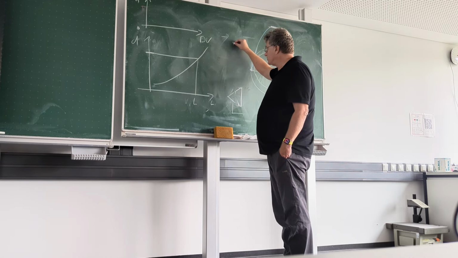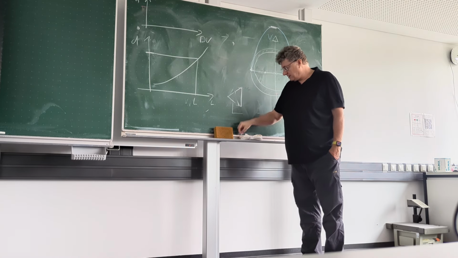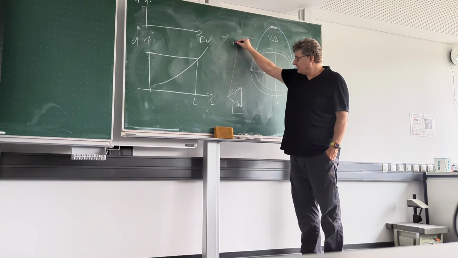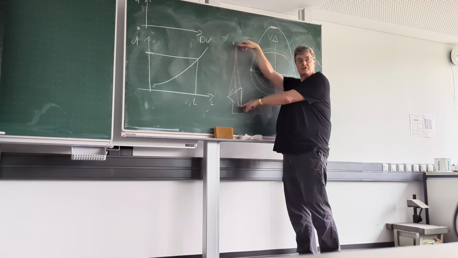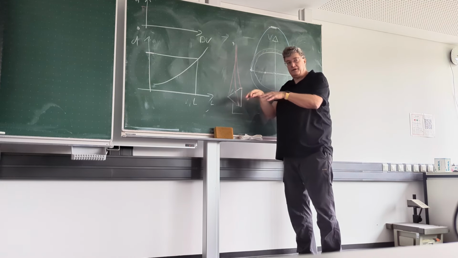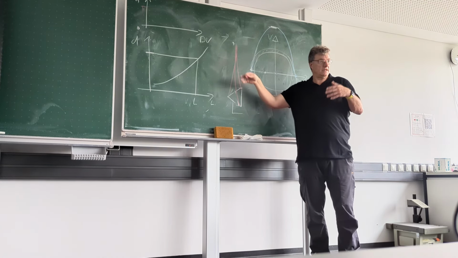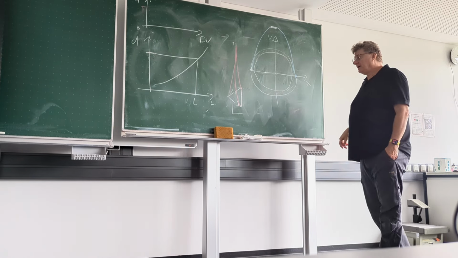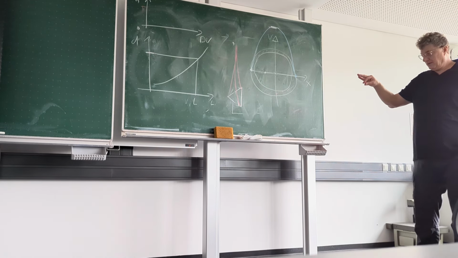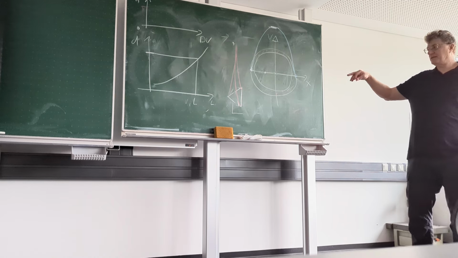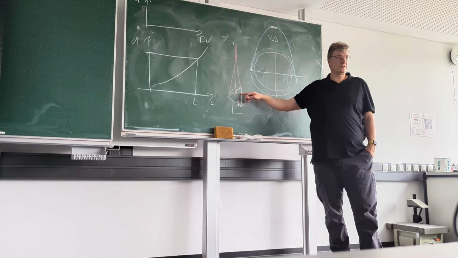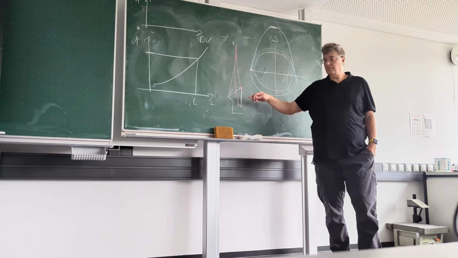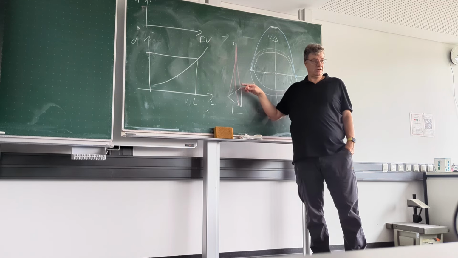If it would be stretched, for example, in that dimension, so it would look like this. So then we have three very long edges and three very, well, compared to that, small edges. I don't want to explain all the details, but that provides numerical solutions which are not of so high quality. So what you would like to have is that equal mesh.